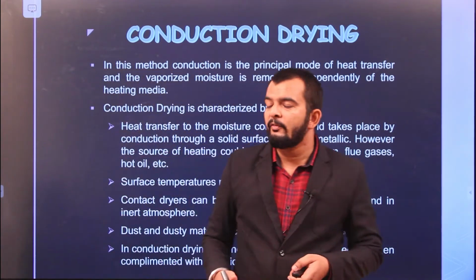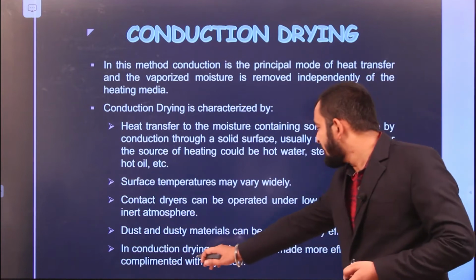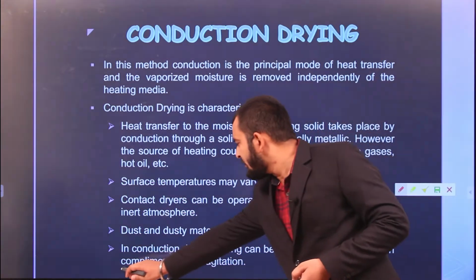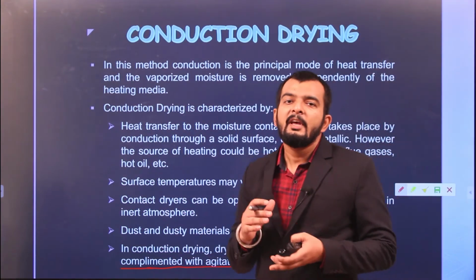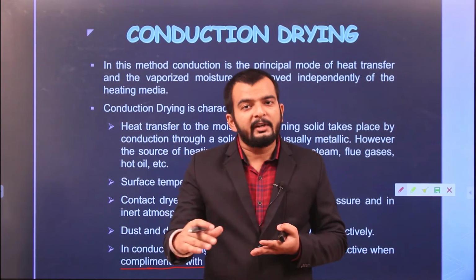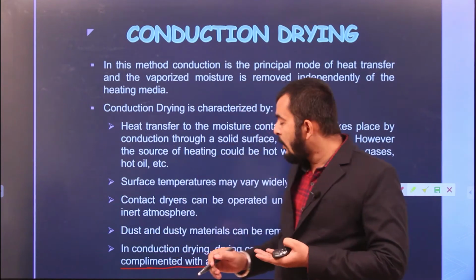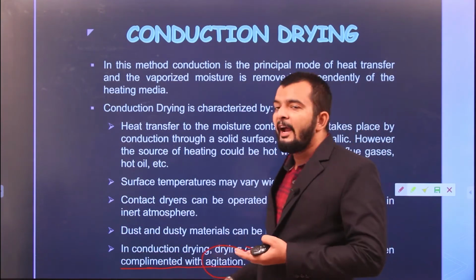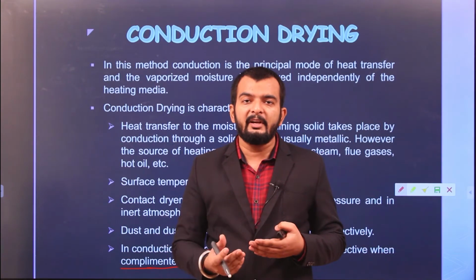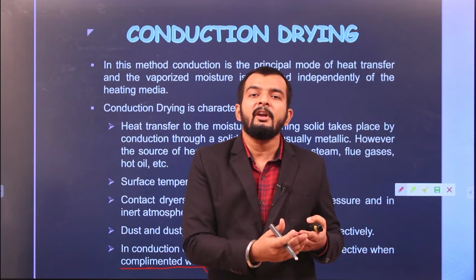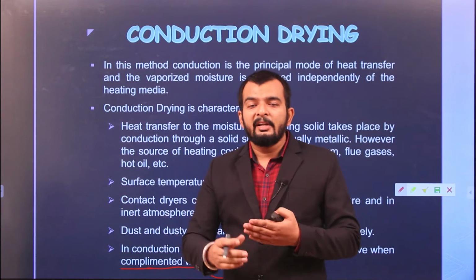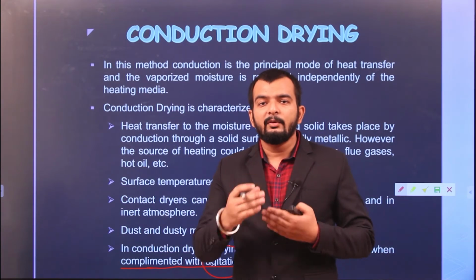Next characteristic of conduction drying is that drying can be made more effective when complemented with agitation. Agitation means, suppose your grains are in contact with your metal plate which is heated, only the lower grains will get heated, right? But when you complement this drying process with agitation, that is, you keep on mixing your grain particles or your food material which is coming in contact with your metal surface, this will keep on exchanging the material particles or the grain particles with the metal.